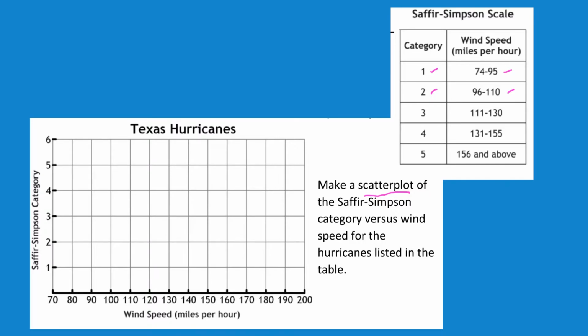Now you have to think about what this is going to look like. So here's category 1 on that left side, on the y-axis. Category 1 is from 74 to 95. So what that means is I can go ahead and put a solid point on 74. So let's do that.